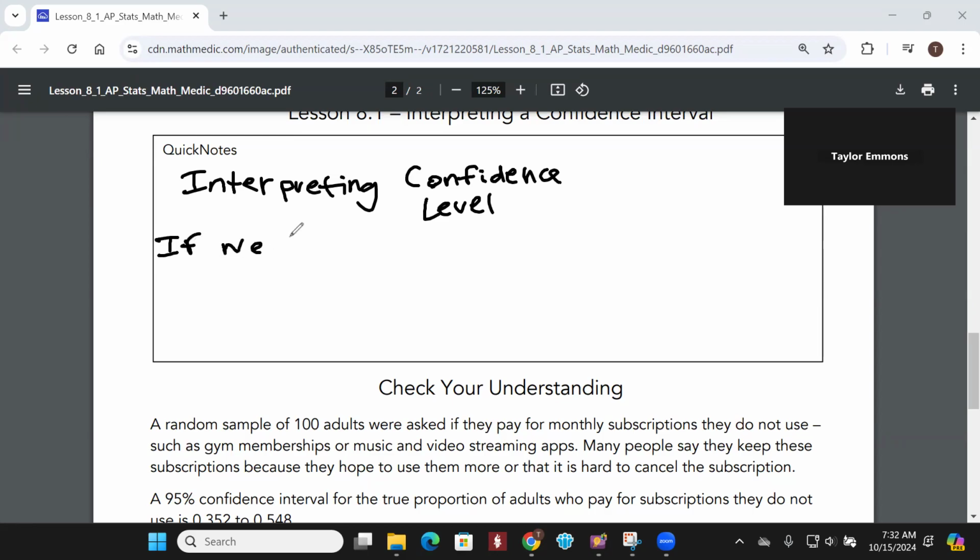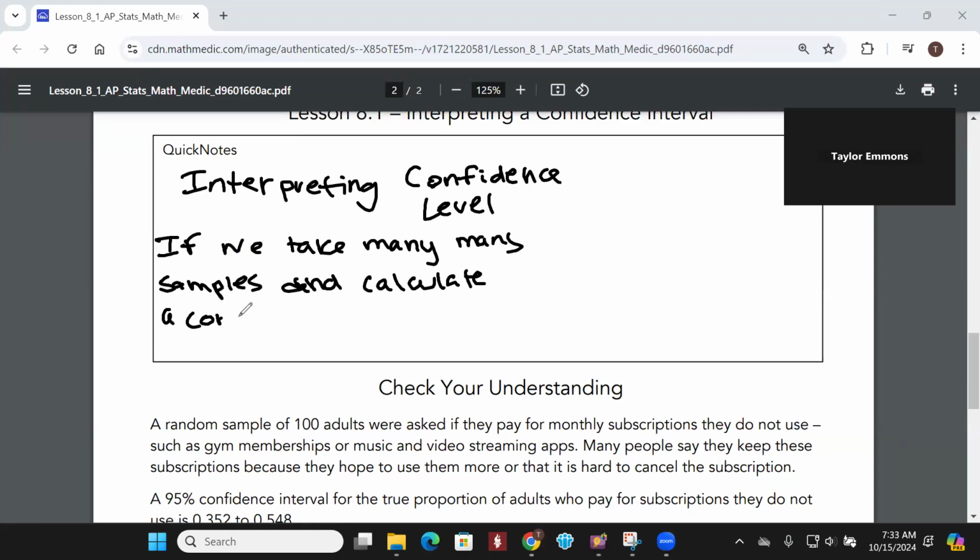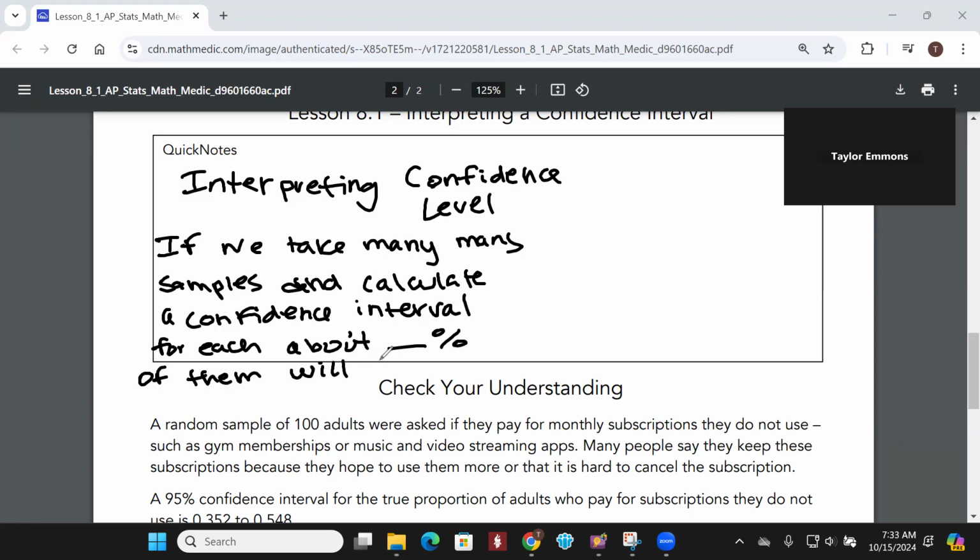So that's where we said if we take many samples and calculate a confidence interval for each, about blank percent of them will capture the true, and then whatever your context is.